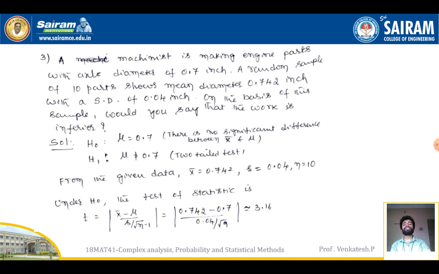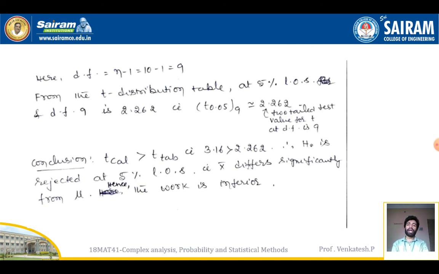Now I want to check the significance here. Since the degree of freedom is 9, at 5% level of significance the value of t 0.05 at 9 degrees of freedom is 2.262. It is obviously less than the calculated value.